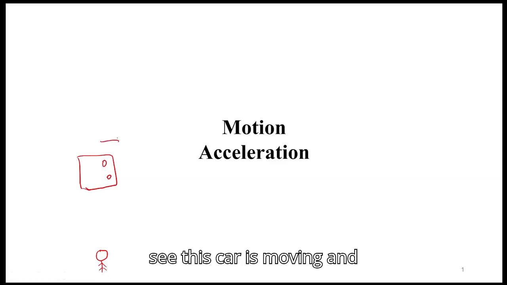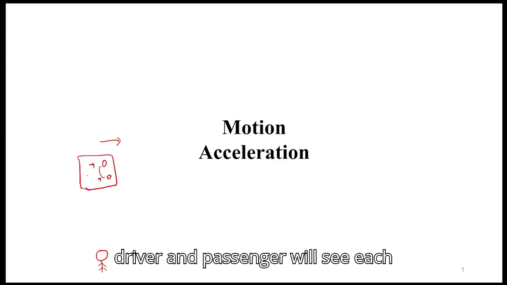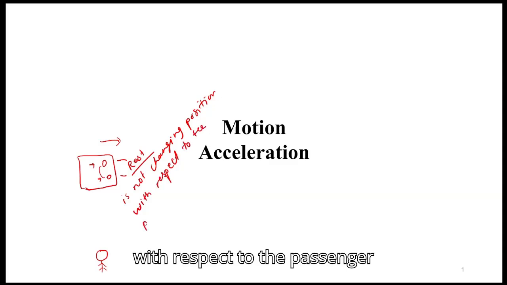If you see this car is moving, from the perspective of the driver and the passenger, both will see each other as at rest, meaning the driver is not changing position with respect to the passenger.